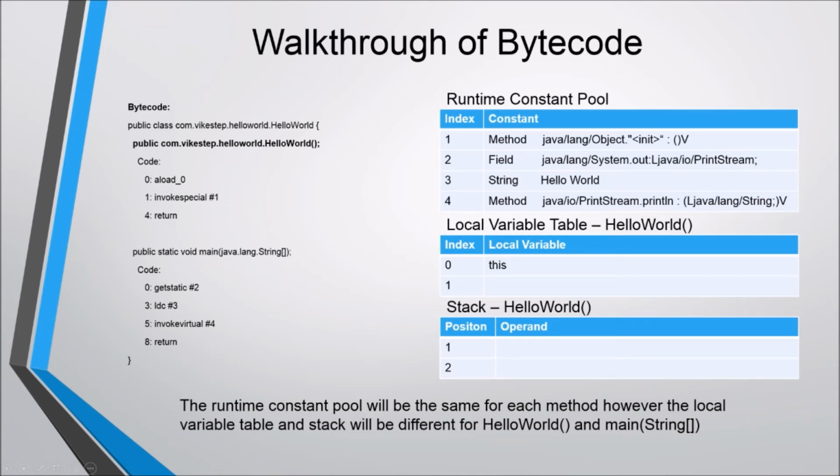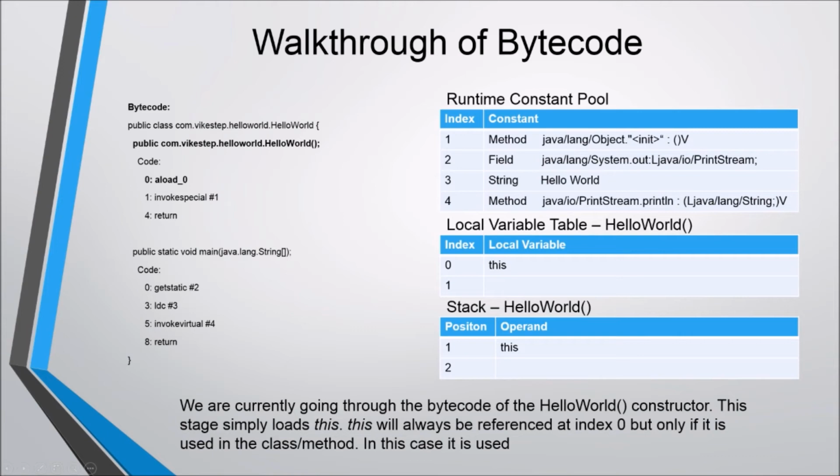ASM will tell you if it's loaded there or not, so don't get too hung up on deciding whether or not it's there. You'll see it later. It's very easy to determine what your local variable table is before it starts. Generally, this and the parameters of a method are loaded in the local variable table before it starts, and anything you introduce, such as variables, is loaded in later. So in this example, we also don't have anything in the stack yet, which we're going to load now.